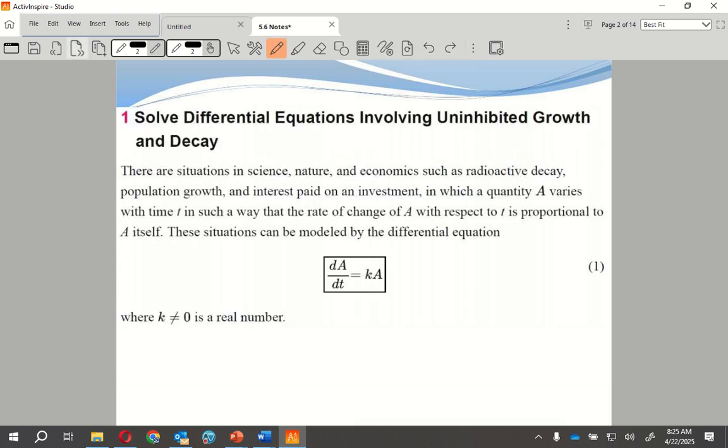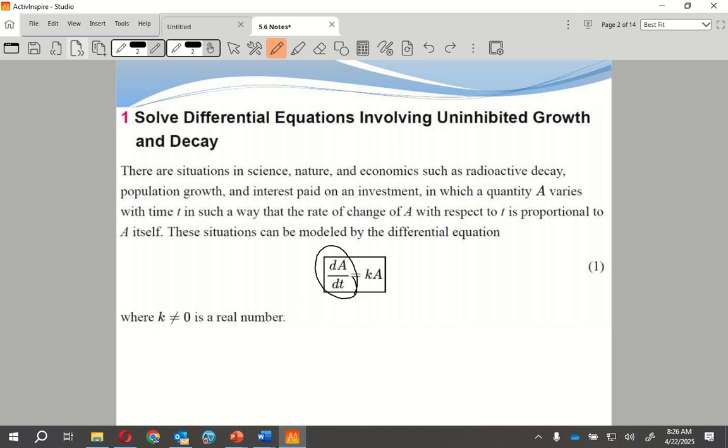Just like pizza. Alright, so differential equation involving inhibited growth and decay. So, rate of change. Remember that? dA/dt, the change of A over change of time, equals kA, where k is a real number that's not zero.